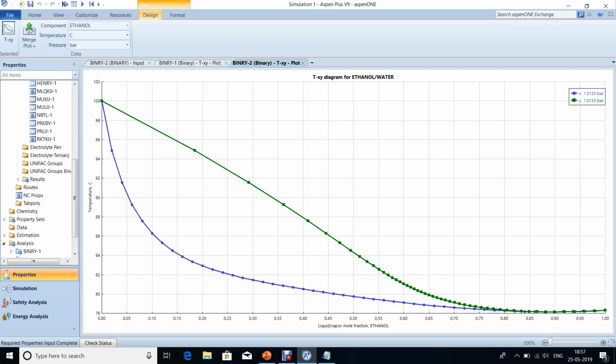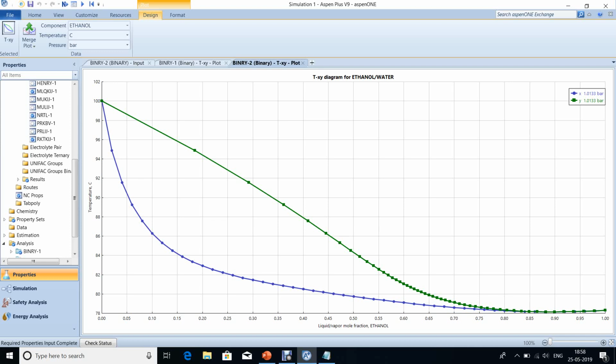But right now, you can see from the Txy diagram that from this mole fraction to somewhere here, the mixture is separable by a distillation column, but beyond some mixture composition, the things are not getting separated.